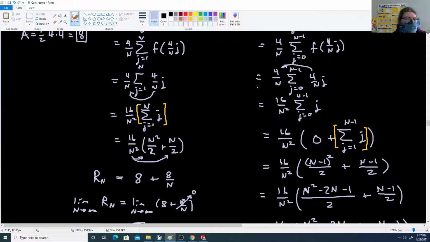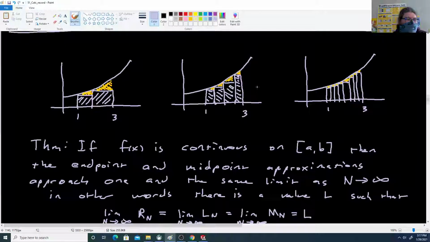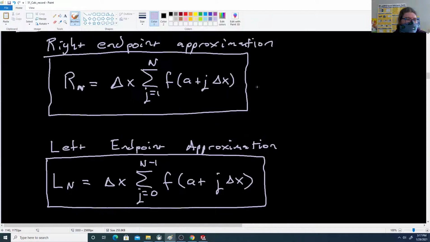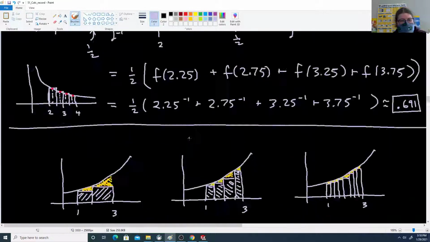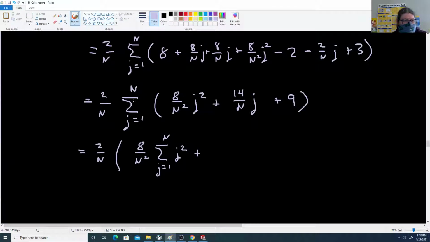So what I'm using again is that I can break up across the individual series, and then any constant I can push out front of the series. So I'm breaking this up across the pluses, and these constant terms I'm pushing out in front of their series. So we get that of just j, plus sum of j equals 1 up to n of 9.